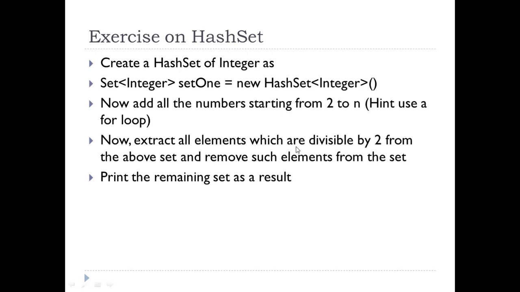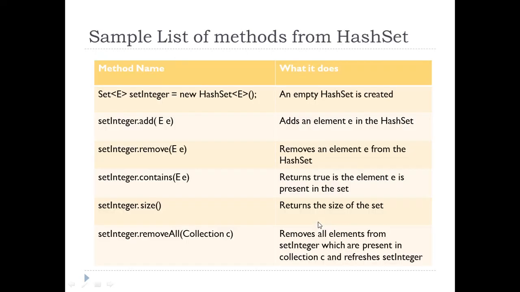Then after this, let us have an exercise on hash set. You have to create a hash set of integers. Now you have to add the numbers starting from 2 to n using a for loop. Now you have to extract all the elements which are divisible by 2 from the above set, remove such elements from the set, and print the remaining set as a result.